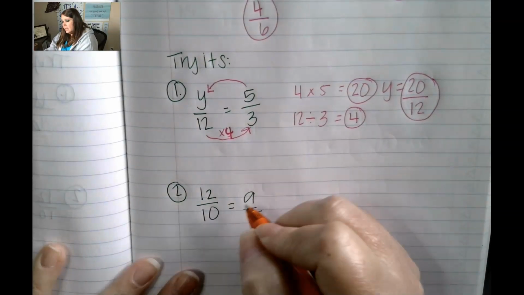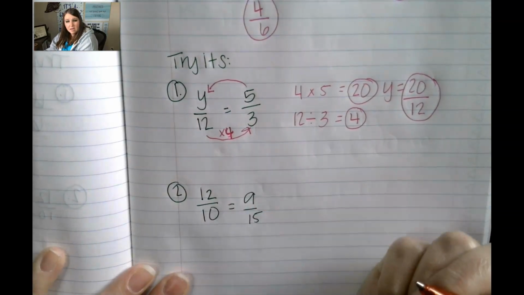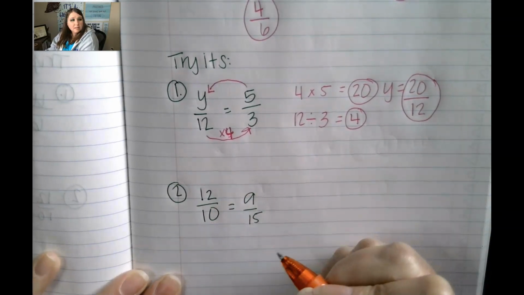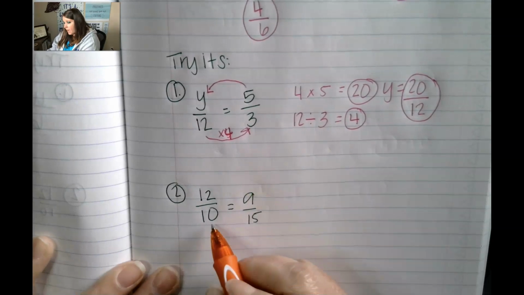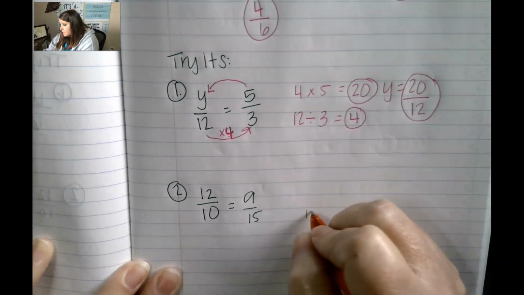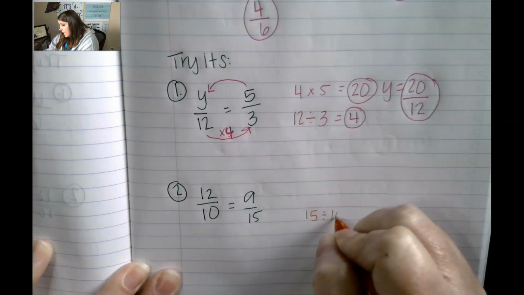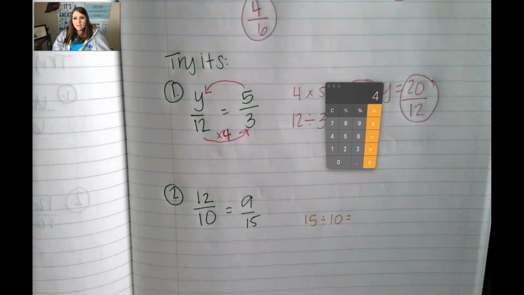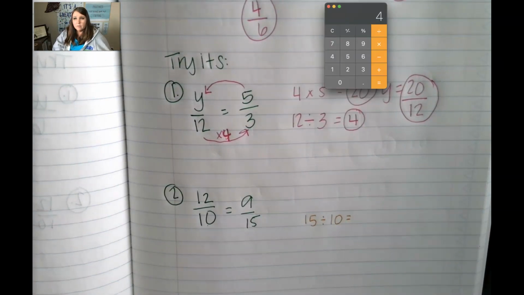Okay, on this example, we're looking for A, and we have 10 and 15. So we need to figure out how do we get from 10 to 15. So I'm going to do 15 divided by 10 to work backwards. And that way I can then multiply forward on the top.